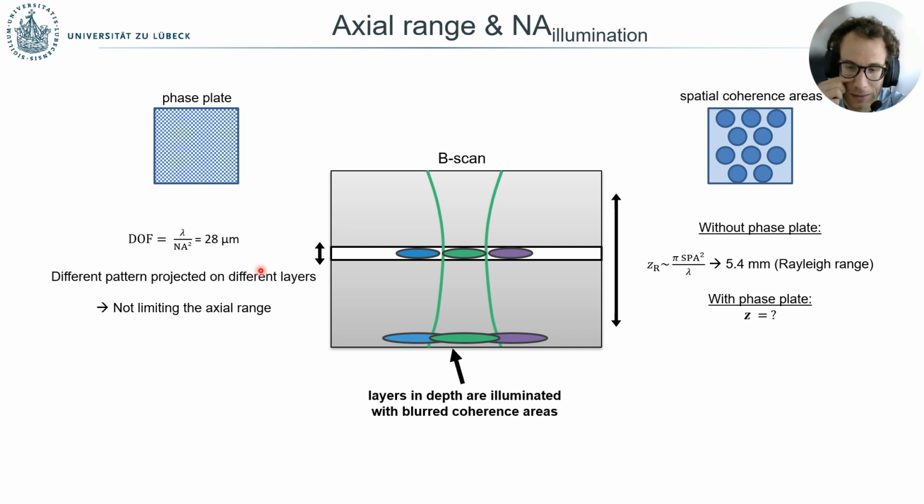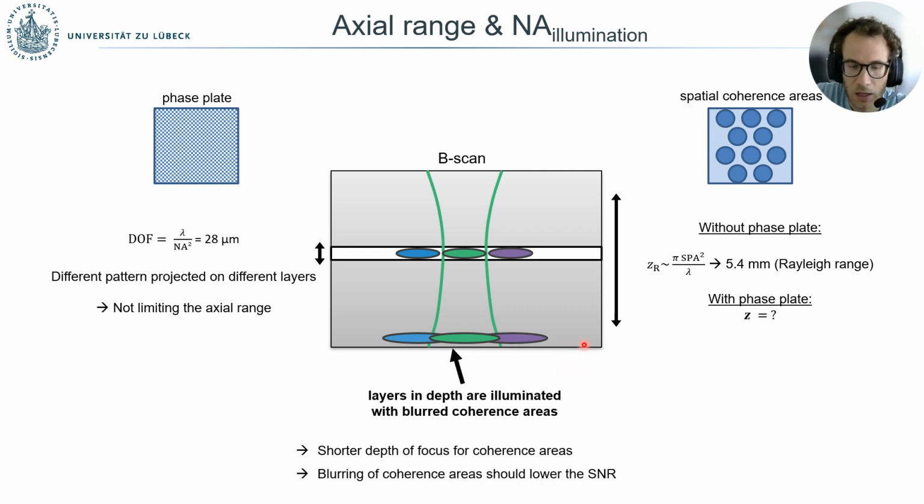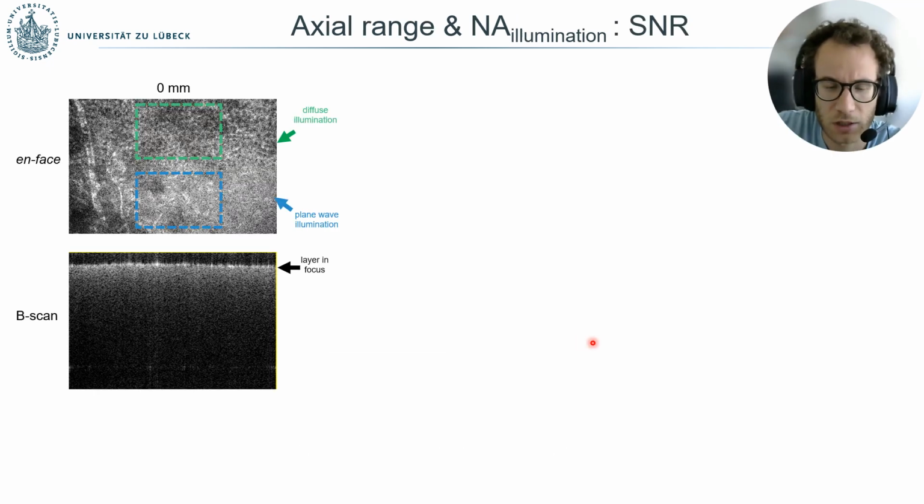Diffusing the illumination with large angles is going to make much thinner the depth over which the pattern that we project remains sharp. So it means that at a certain depth, the coherence areas are going to be blurred. And if coherence areas are blurred, and then we refocus them on the camera, it means that we are going to lose SNR. And that's what we checked experimentally.